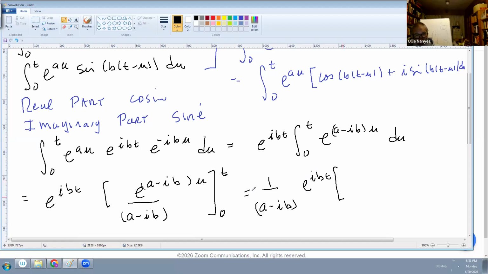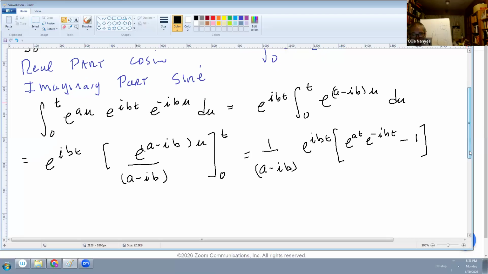And then let's go ahead and plug in the t. So we have e to the at, e to the minus ibt, splitting this up multiplicatively. Subtract, we plug in the 0, we get a 1 here. But this isn't that bad, because now when we bring this in to multiply through, we get this.